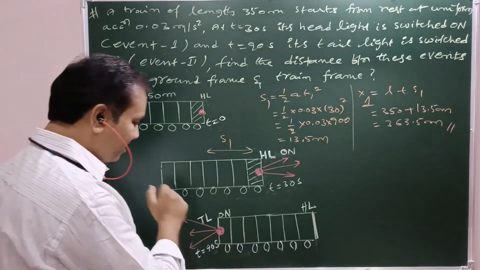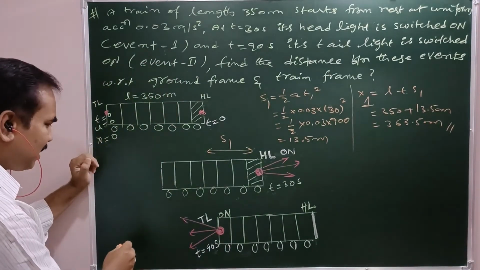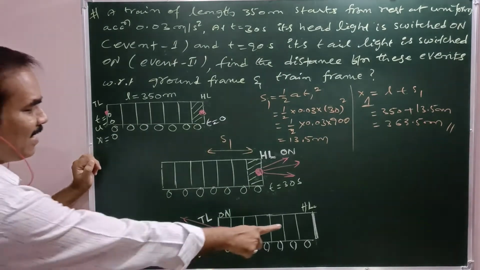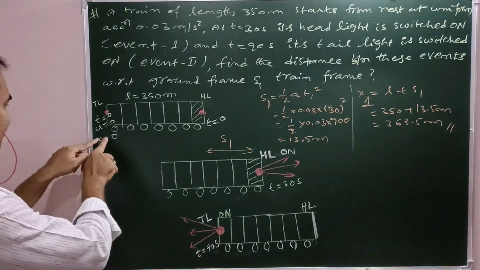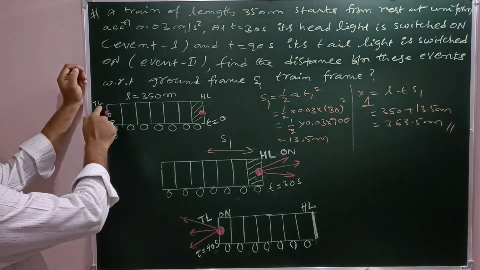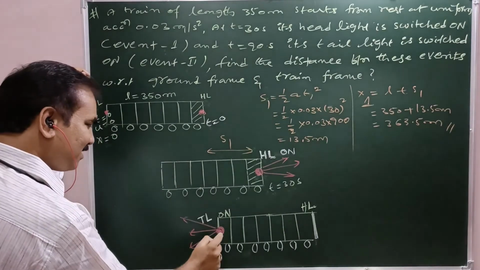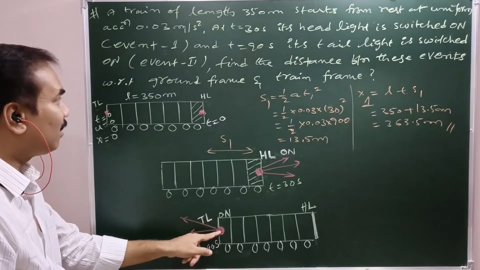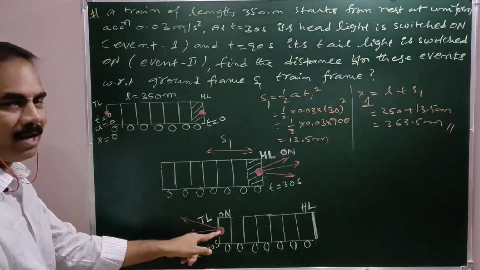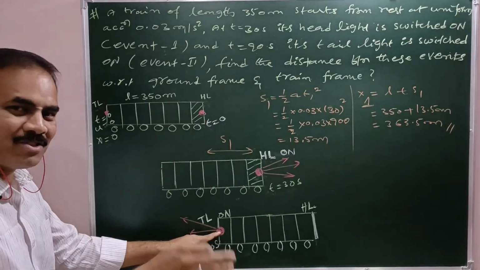Okay? Now, see, what is the distance covered by the tail light in that 90 seconds? This is the position of the tail light at t equal to 0. At t equal to 90 seconds, this is the position of the tail light at which event 2 occurs, that is, when it was switched on.